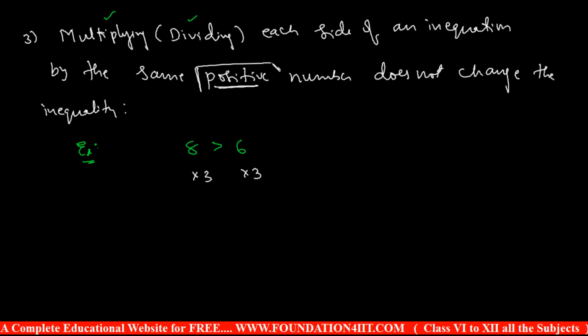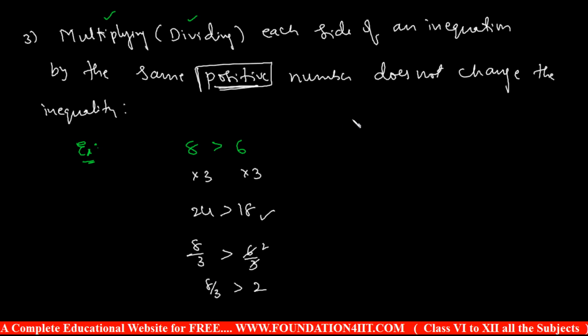This is important here. 8 times 3 is 24, 6 times 3 is 18. Yes, 24 is greater than 18. Same if you divide by 3: 8 divided by 3 is greater than 6 divided by 3, which is 2. So 8 by 3 is obviously greater than 2.